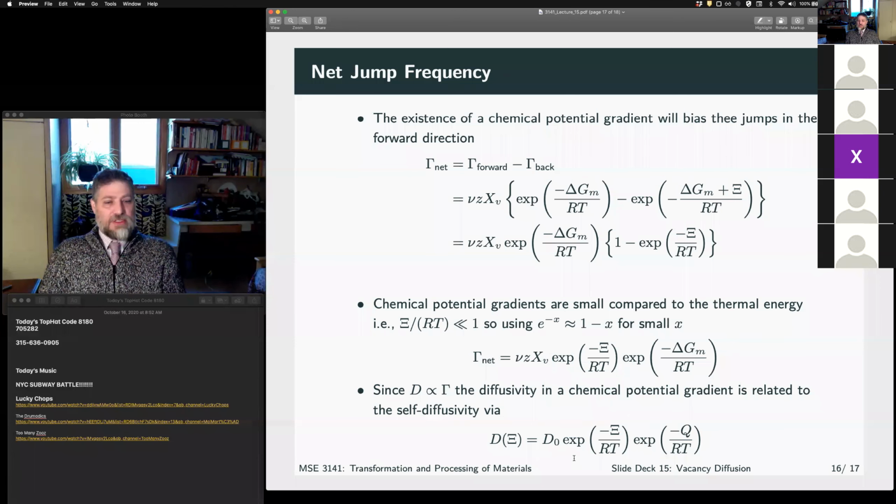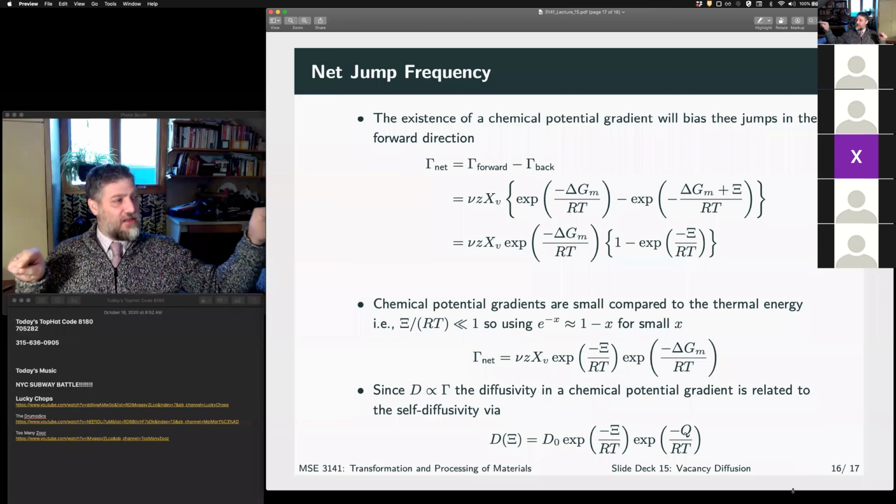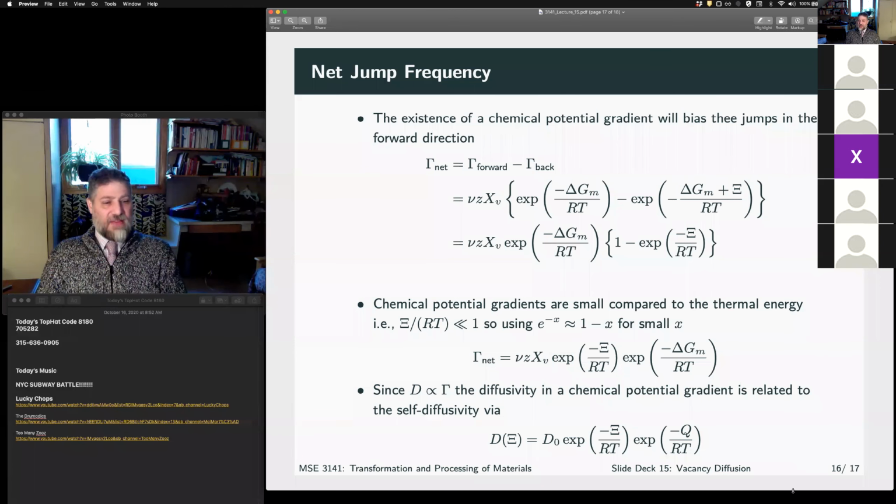So this tells us, when we're looking at the common tangent construction and we're in between our two concentration minima, why we're going to segregate into those phases given by the common tangent.